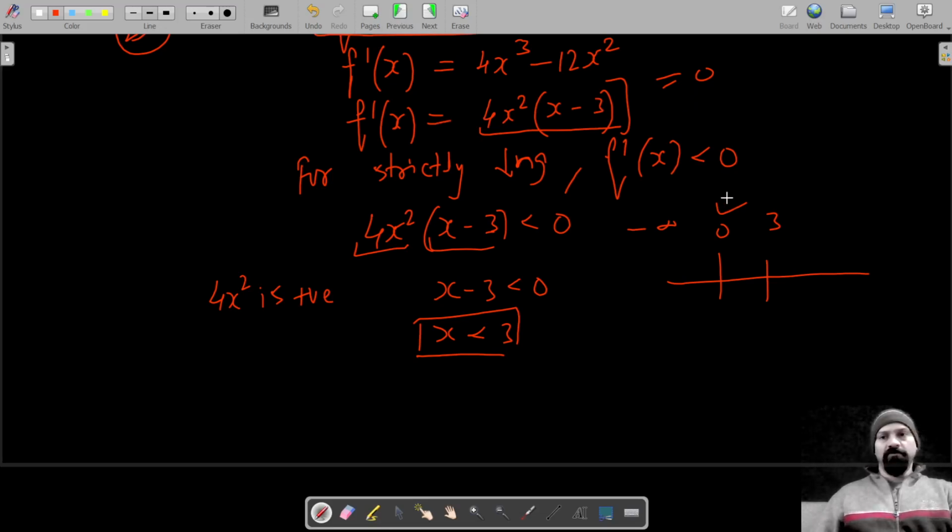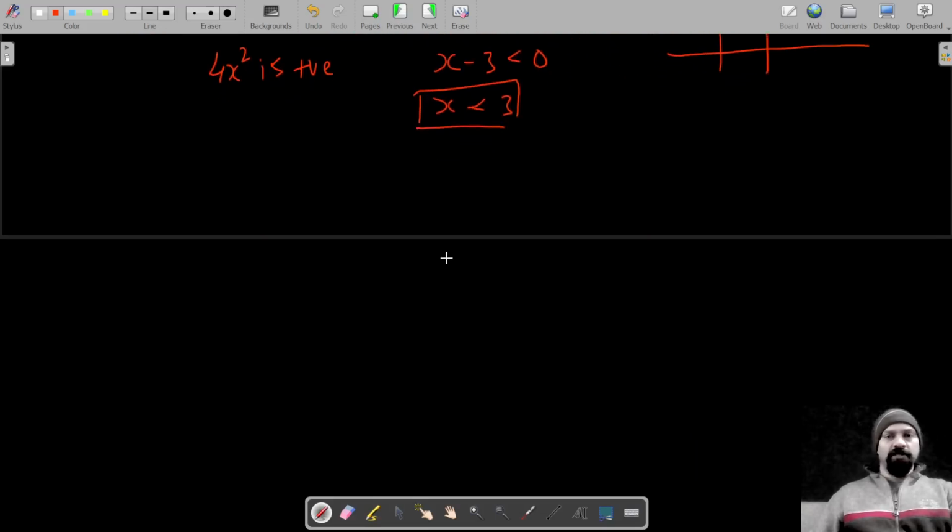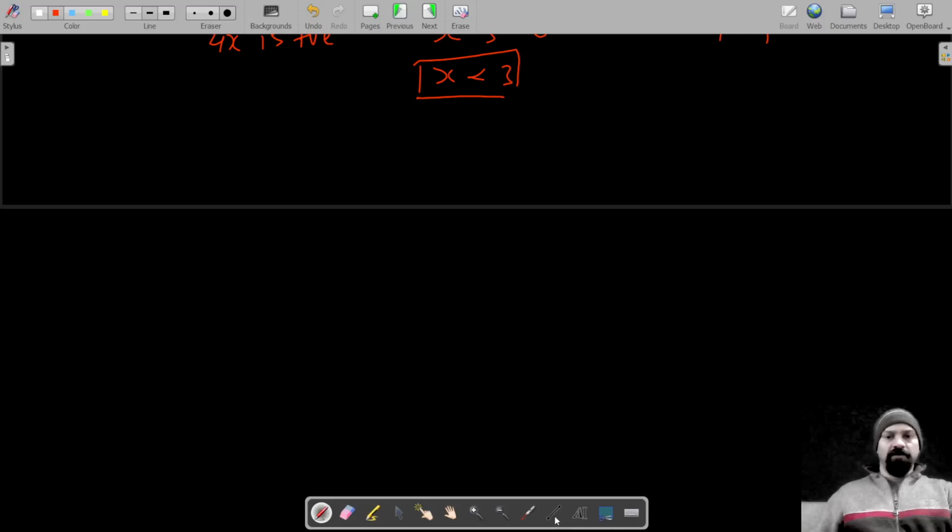So f' becomes 0. That means x equal to 0 has to be excluded. So on the number line we cannot take 0.